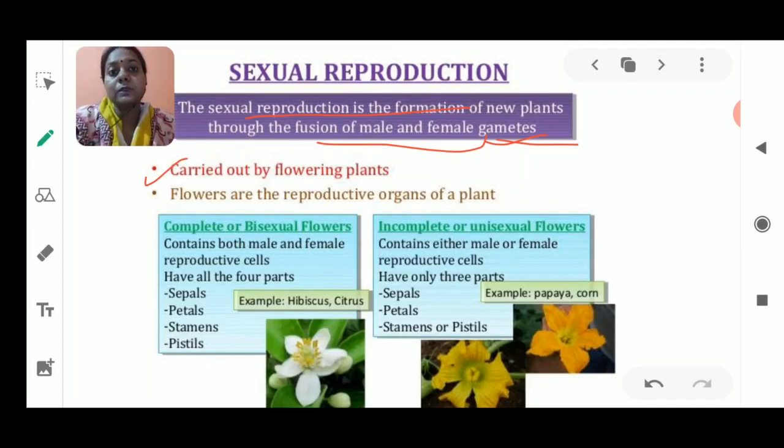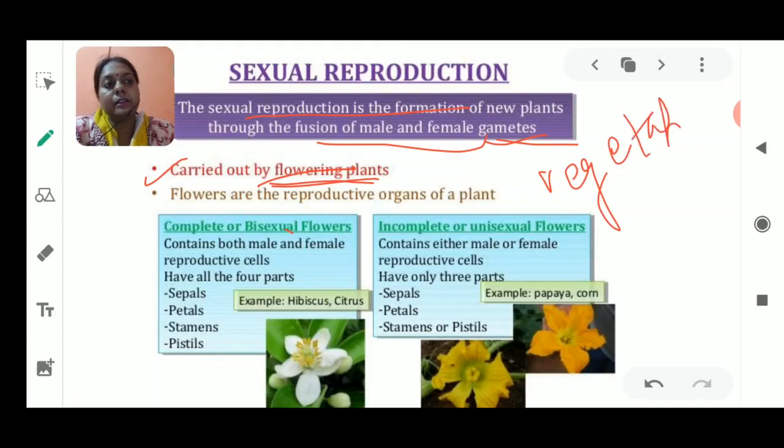Why? Because what is a flower? A flower is the reproductive structure. As we talked about earlier, a plant has two parts. It has the vegetative part. We discussed a lot about the vegetative part, where vegetative propagation was completely based upon the vegetative parts.